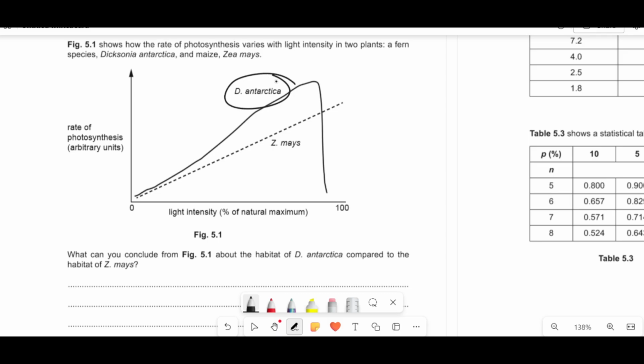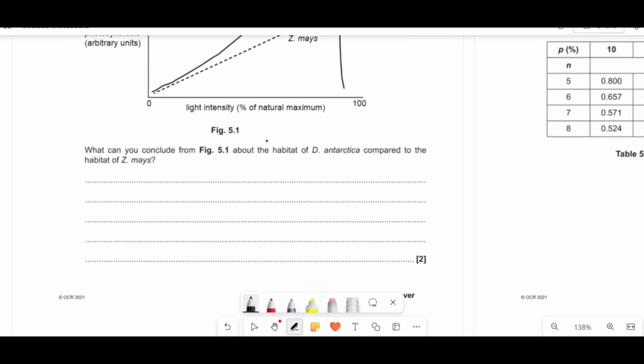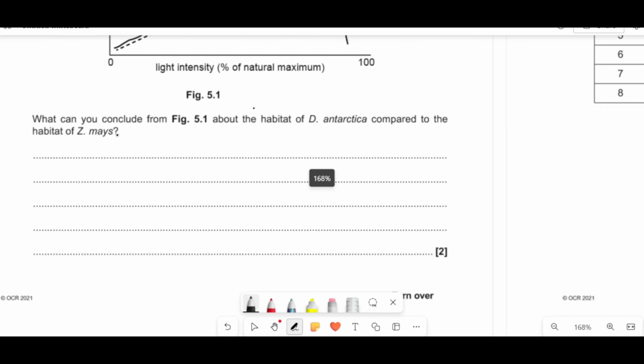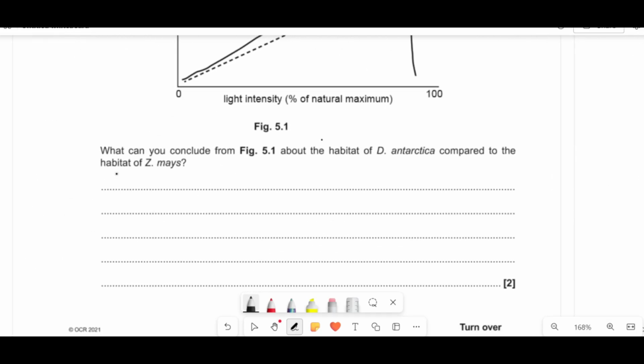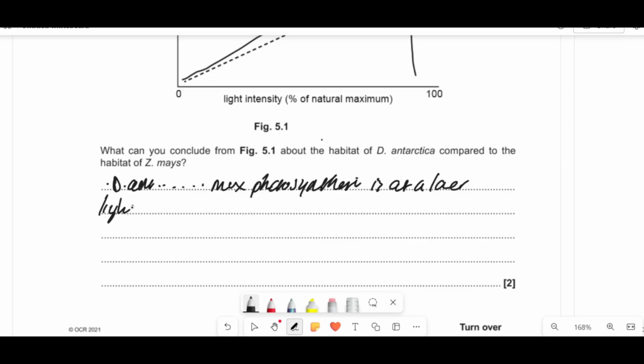So that means that this has a preferentially lower light intensity than Z. mays. Otherwise, why would it just stop photosynthesizing? So we would say the Antarctic plant's max photosynthesis is at a lower light intensity than Z. mays, which is still increasing, right?